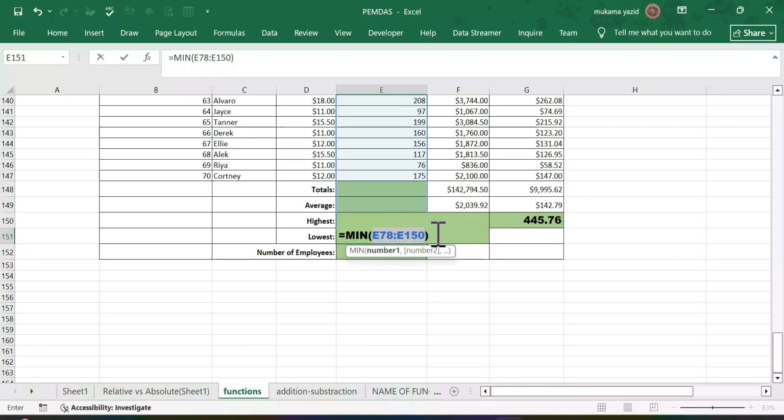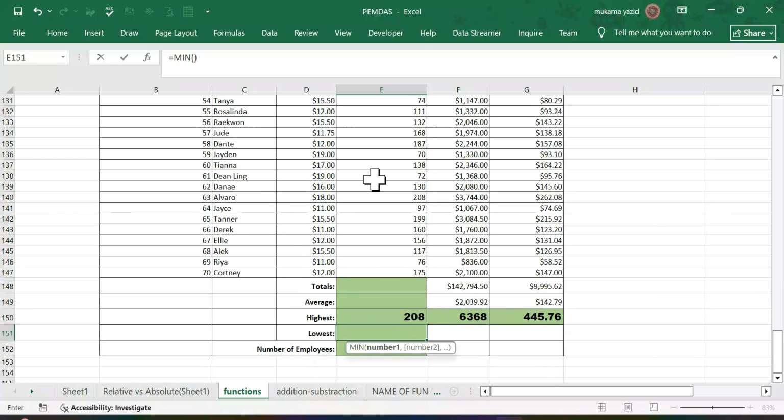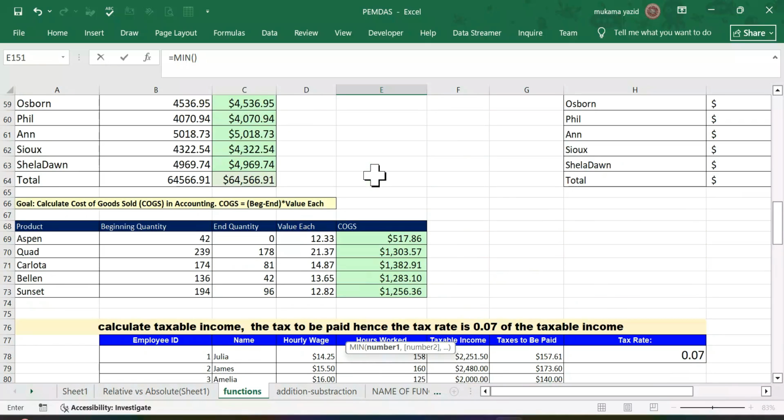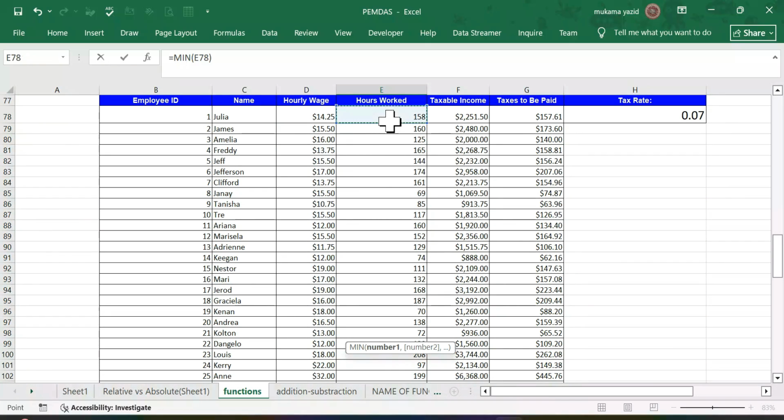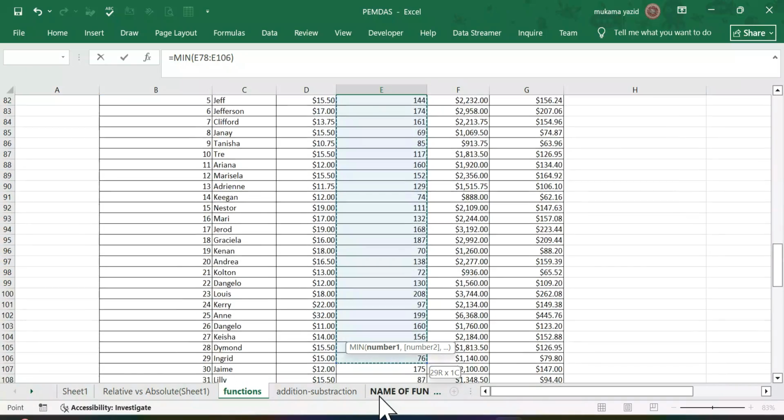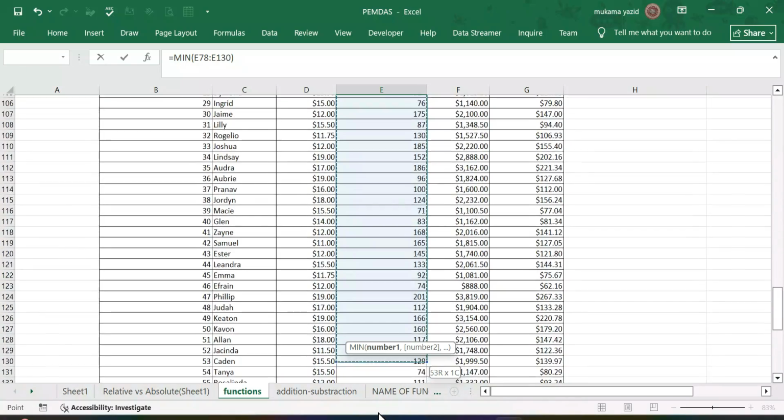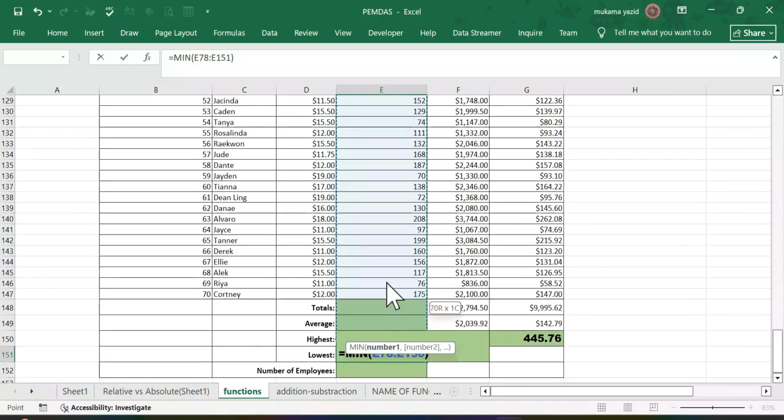Where is the formula? You have to stop here. Mean, you have to come and select the right choice. Come here and select this. Okay, up here, press enter.